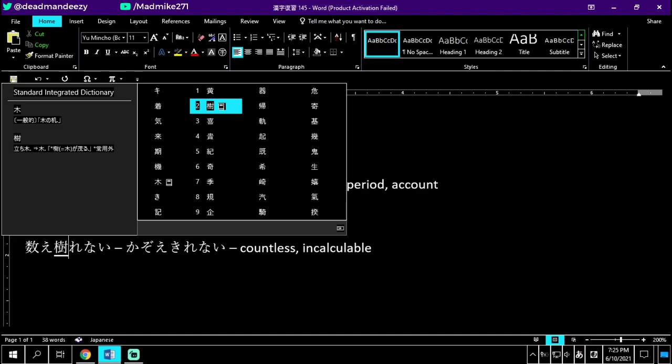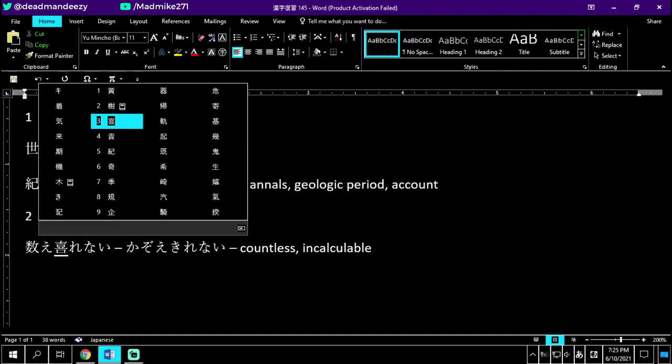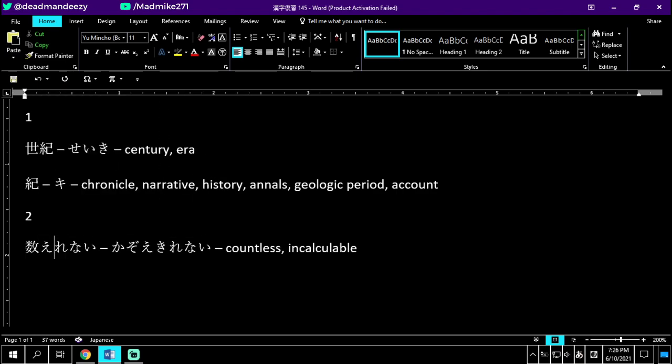Where is it? This is written with the kanji for to cut. I don't see it. There it is. Kirenai. Kazoe kirenai.